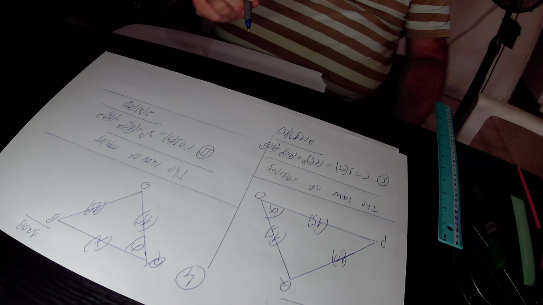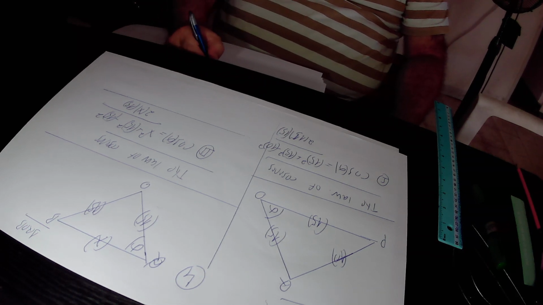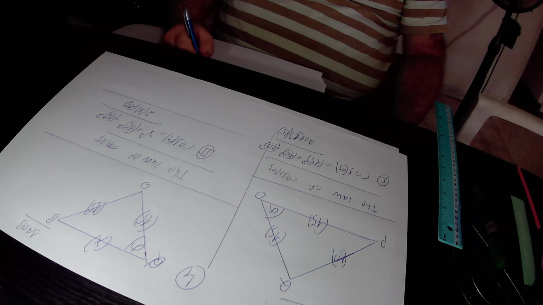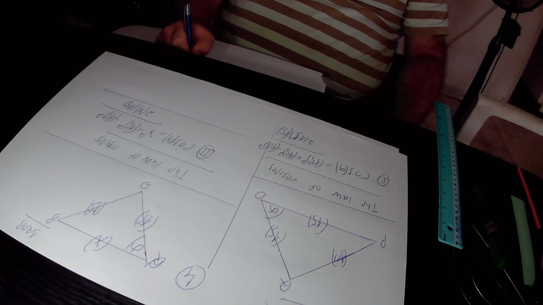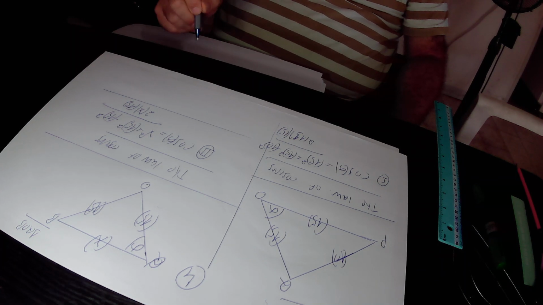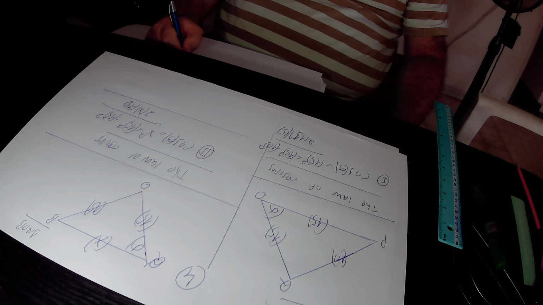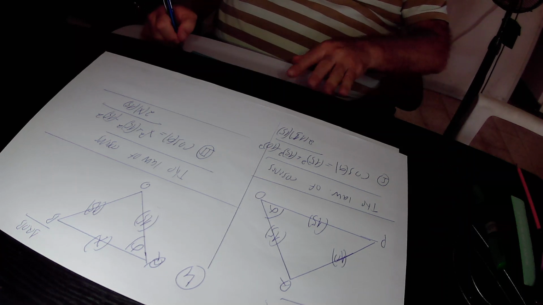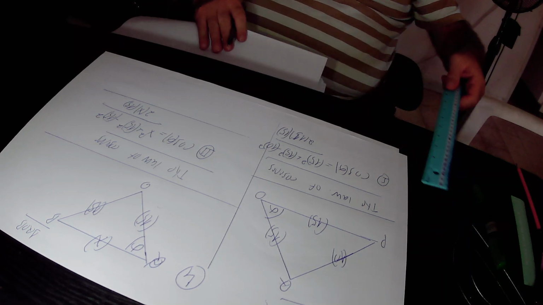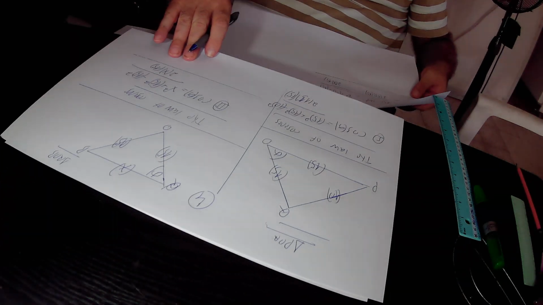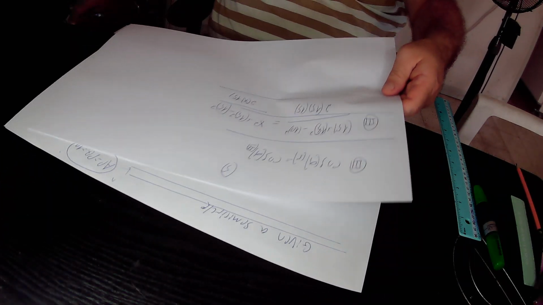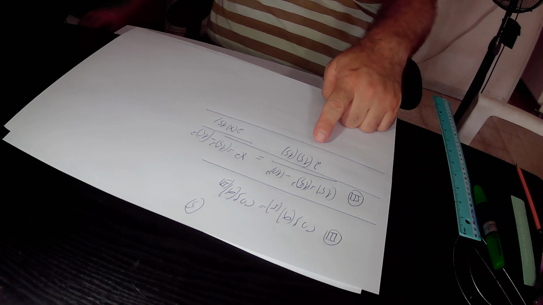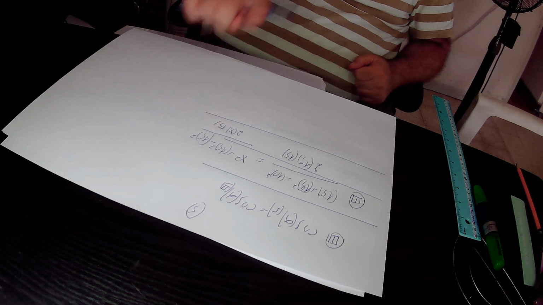And it must be equal to cosine alpha according to equation 2, which is x squared plus 15 squared minus 15 squared over 2 times x times 15.